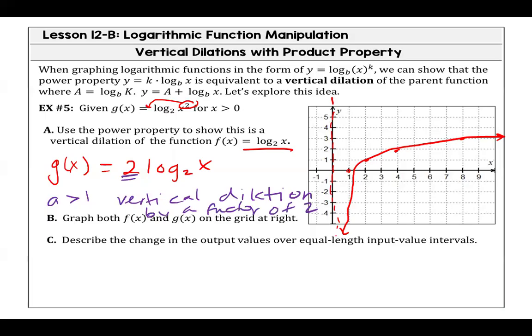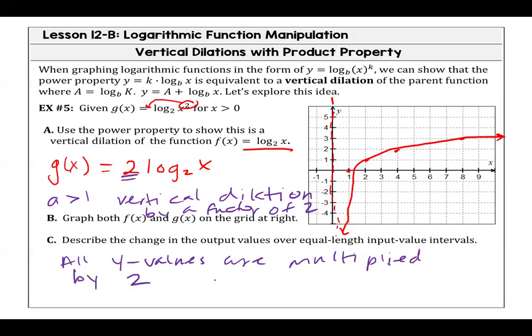Because our y's don't lie, right? Only the x's. All right. So that means to all of my y values, I'm going to do what? All y values are multiplied by 2. Okay.